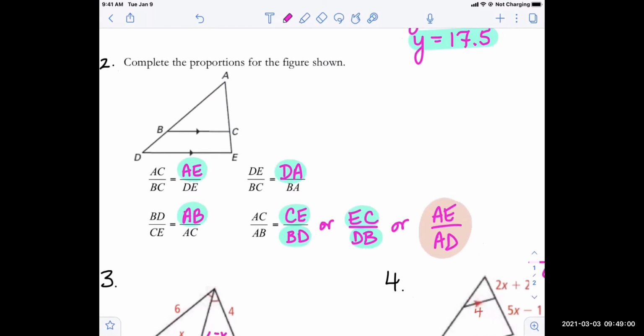Every time that you are involving BC or DE, which is what's happening on this one as well, if you compare AC to BC, then it's got to go AE to DE. You will not be using either of those parts whenever you're using the parallel segments. Are you good with that one?